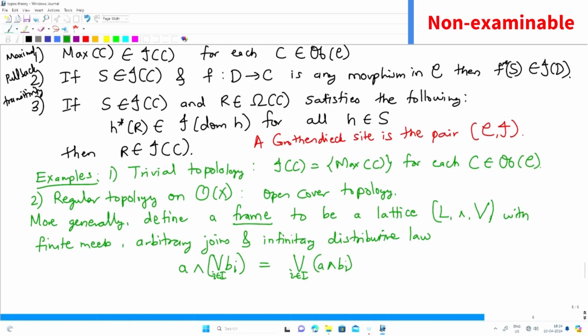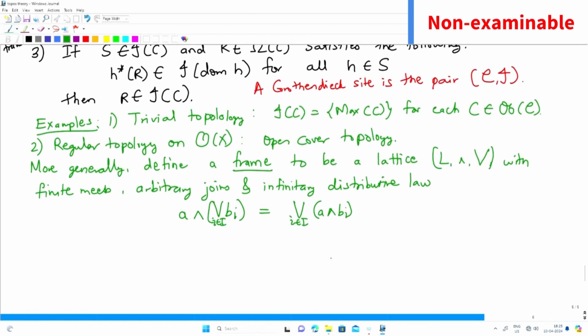And trivially, the prime example of a frame is the open sets. Not the open cover topology, but the open sets. Yes. So examples. Let me define a category FRM of frames and frame homomorphisms.